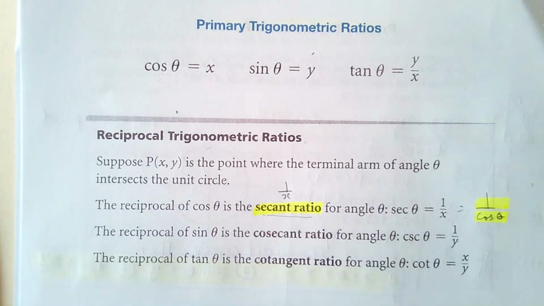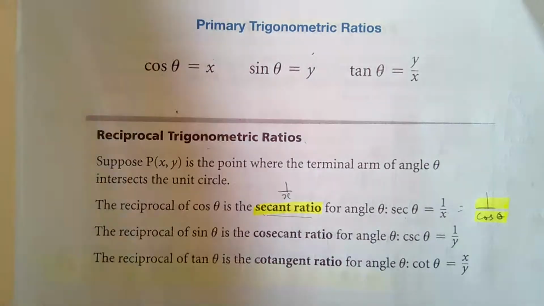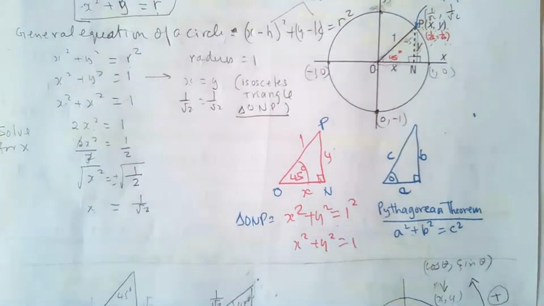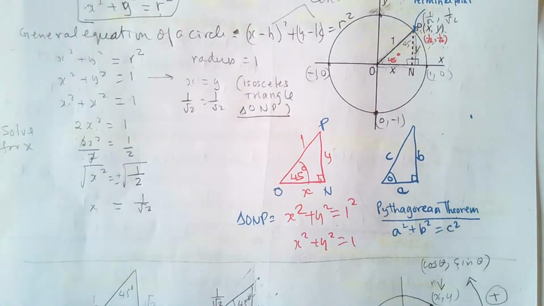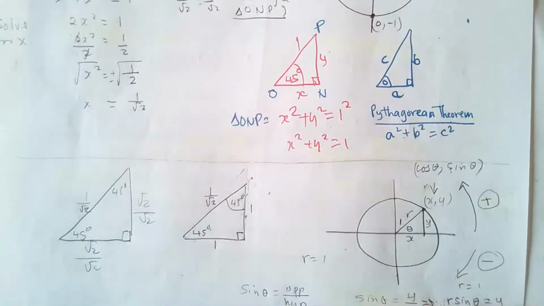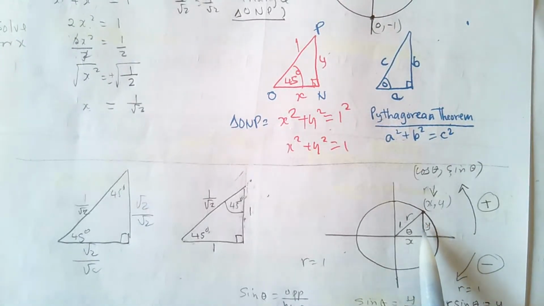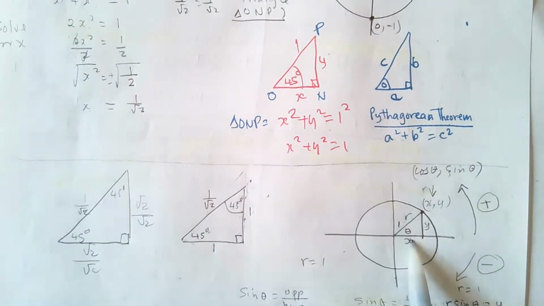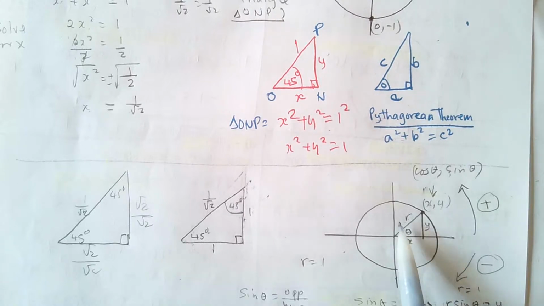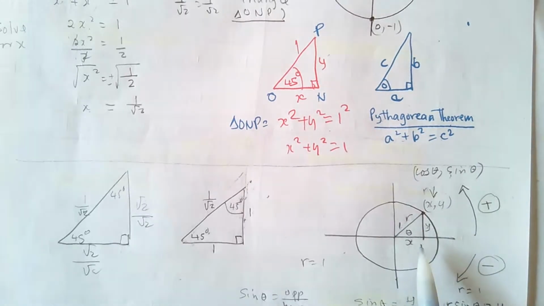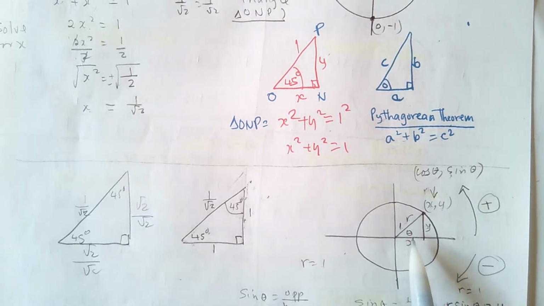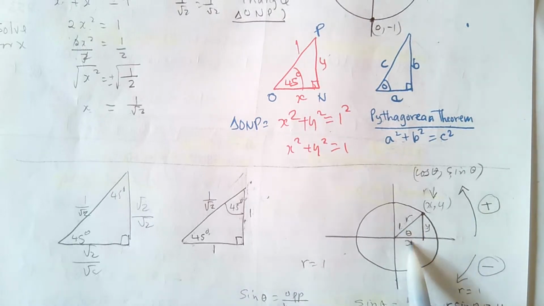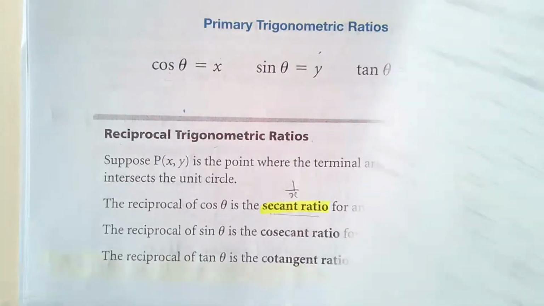And this refers to your unit circle. If you go back to our circle here, cos is x over 1, or x over r. But if you want secant, it's the reverse, the inverse, 1 over x.